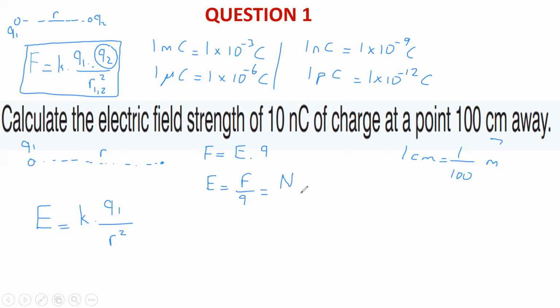Newtons. And the unit of charge is Coulomb. Newton over Coulomb is equal to your unit of electric field. But we are showing it like this, Newton times Coulomb to the power of negative 1. This is the unit of electric field. All right. But as you see, charge always in Coulomb, and then distance always in meters. Okay. So this is our starter.